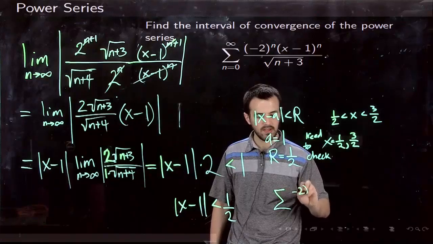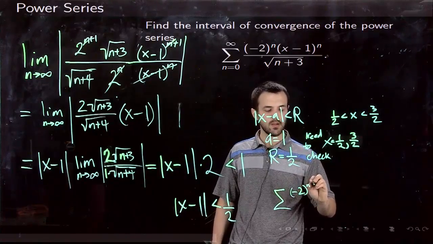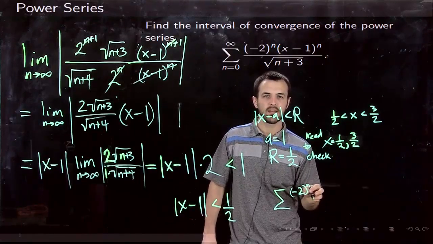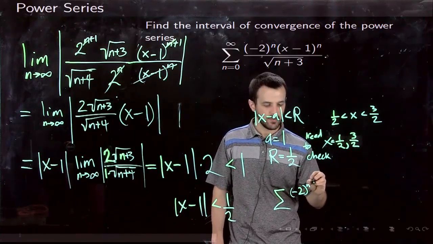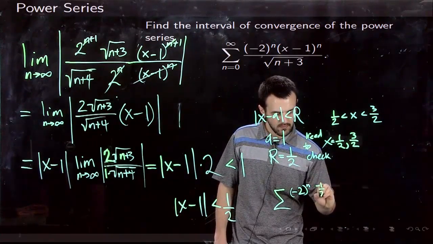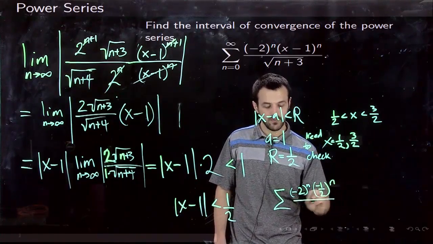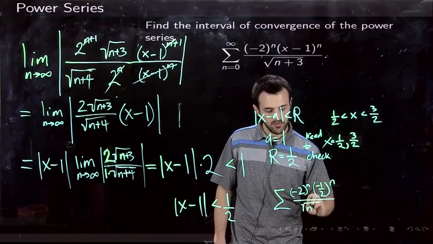Negative 2 to the n. If x equals 1/2, 1/2 minus 1 is negative 1/2 to the n, all over square root of n plus 3.